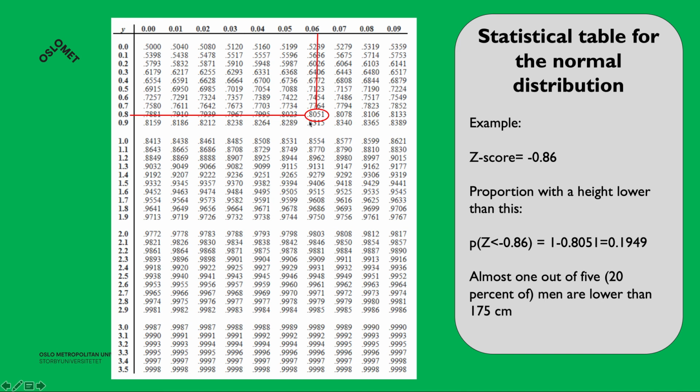Then we get this value, and then we take 1 minus the value we found in the statistical table, and we find that we get 0.1949. That tells us that almost 1 out of 5, or 20% of men, are lower than 175 centimeters. Or you can say it in a different way: 80% of men are 175 centimeters or higher.